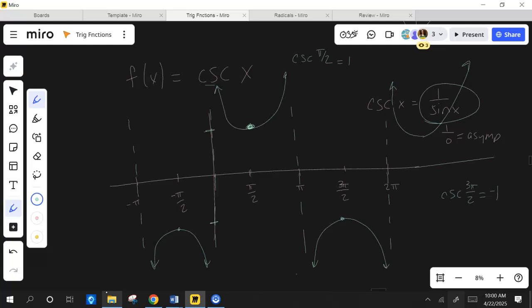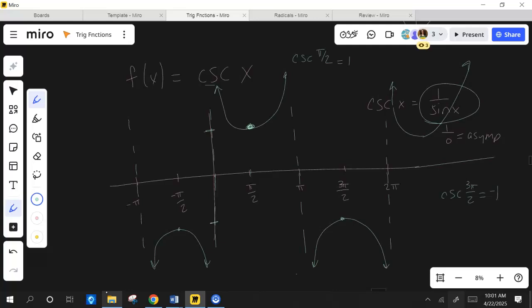Amplitude is highest minus lowest divided by 2. It doesn't have a highest because it goes up forever, and it doesn't have a lowest because it goes down forever. This is none.